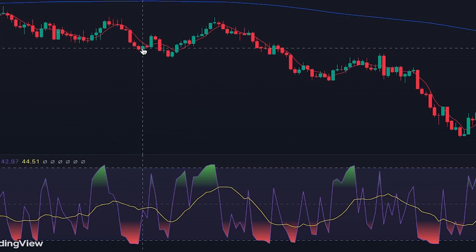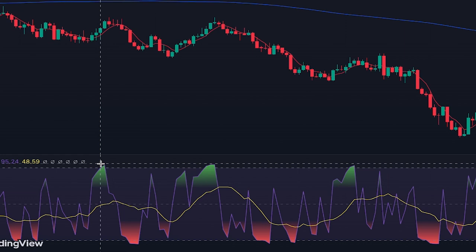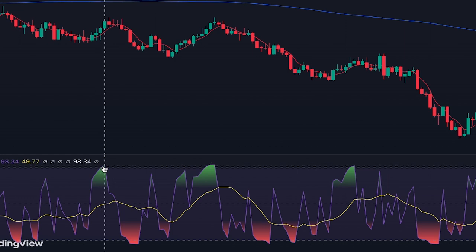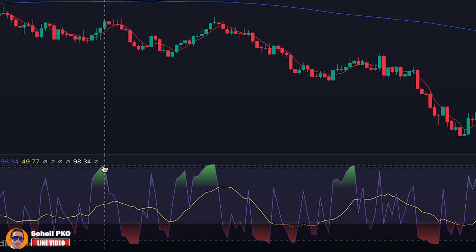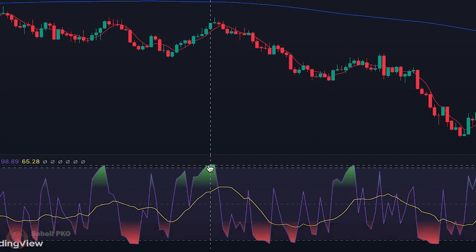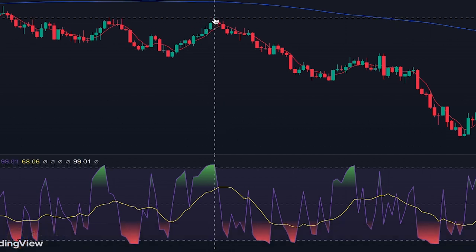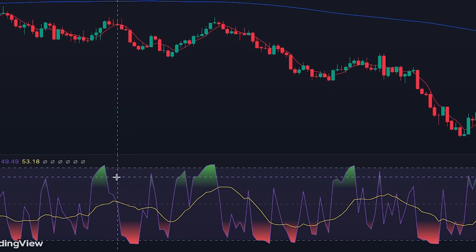Larry Connors suggested having RSI above 95 is enough for entering a trade, and also he doesn't recommend setting a stop loss in this strategy, but I recommend it's better to wait for RSI to go back and close below 95, because if you only rely on the RSI going above 95, you can have RSI remain in this situation and the price advancing more and hitting your stop loss. So better to wait for RSI to close below 95.